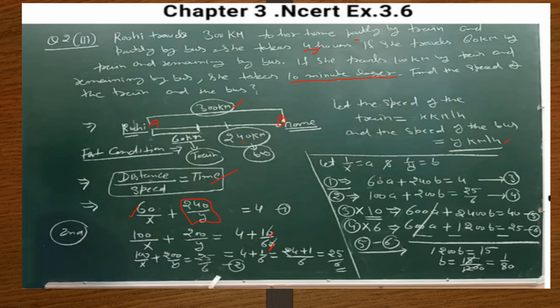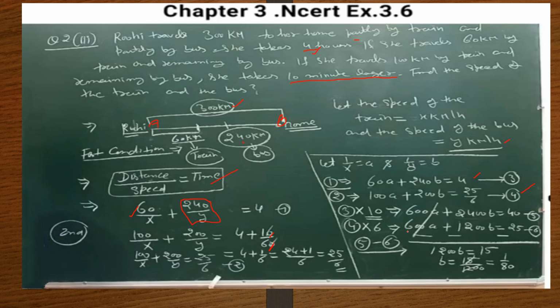So we write here 60a, and we have supposed 1 by y equal to b. So 240 into 1 by y means 240b is equal to 4. Suppose this is the third equation. And similarly the second equation becomes 100a plus 200b is equal to 25 by 6. We suppose this is the fourth equation.